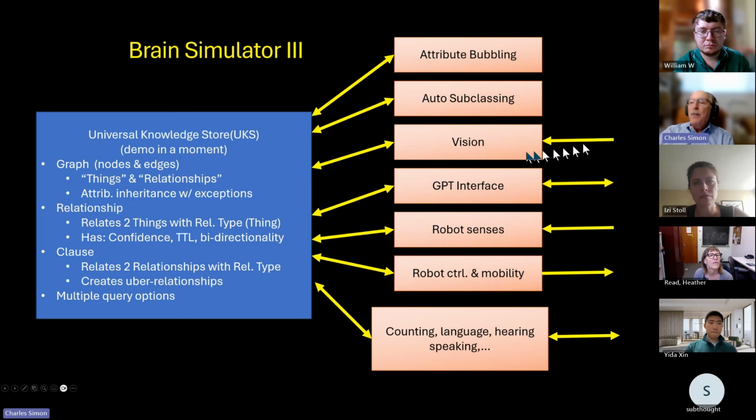But here is a sampling of things that we could have, like attribute bubbling, which is an agent that only talks to the UKS, and it looks for things that have common attributes, like Fido has 4 legs and Spot has 4 legs, and perhaps because they both have 4 legs, you could say that a dog has 4 legs.